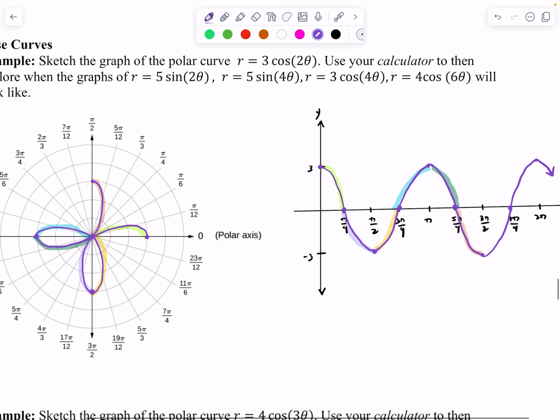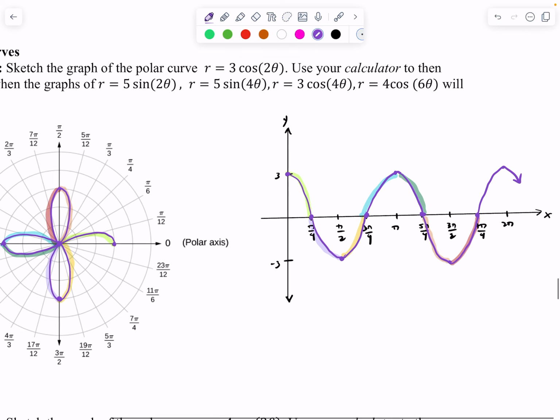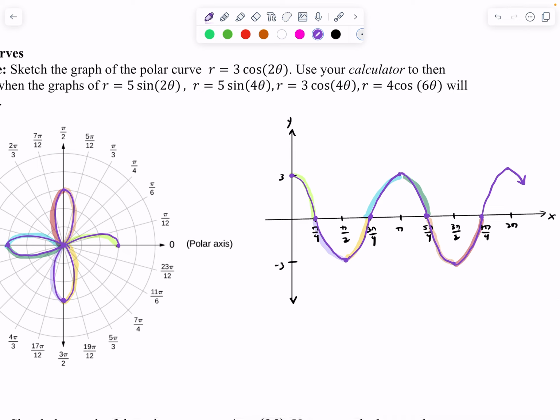And then still negative between 3 pi over 2 and 7 pi over 4, so that ends up being this part. That looked kind of similar, but that's okay. And then from 7 pi over 4 to 2 pi, r is positive, and we finish back where r is 3.